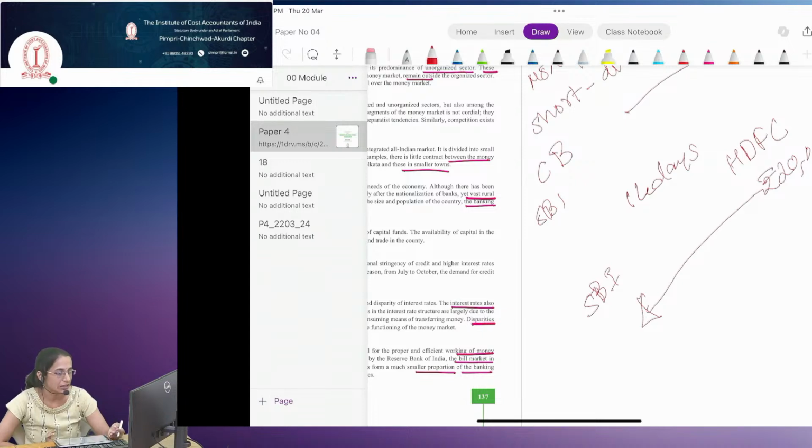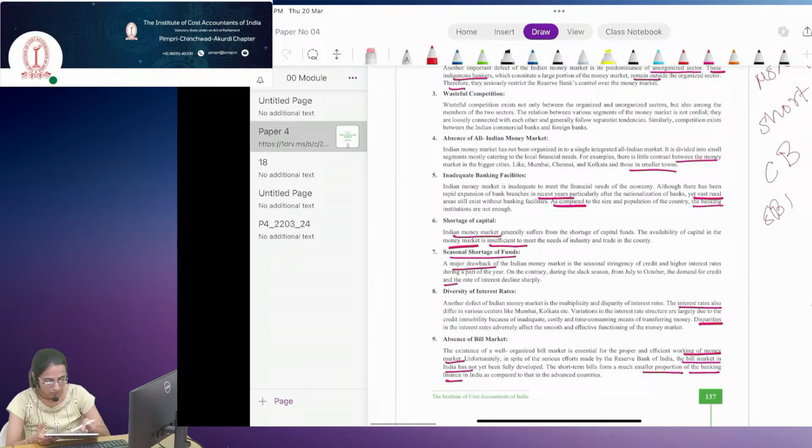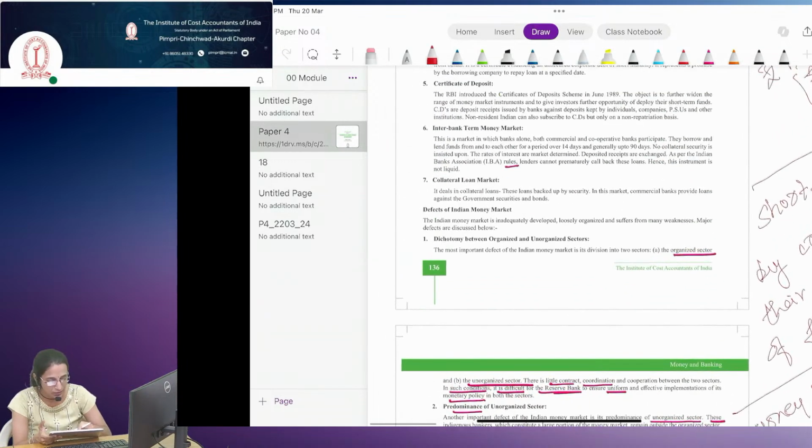After 14 days only, HDFC Bank can recover this amount from State Bank of India. Before 14 days, HDFC Bank cannot say, oh, I don't have money now, I gave you this loan by mistake, now give me back my loan. So this is not allowed. After the duration only, HDFC Bank can approach State Bank for the recovery of the short-term funds which it has lent. That is what they are saying: before maturity, they cannot call back these loans. They cannot recover these loans before maturity.